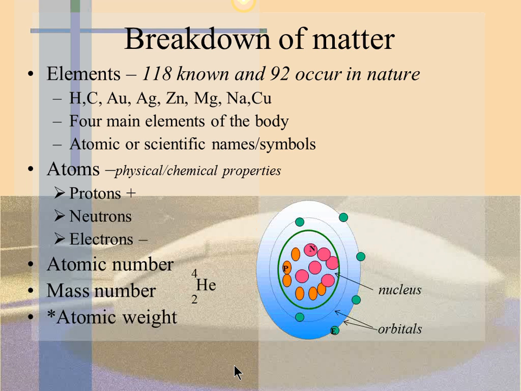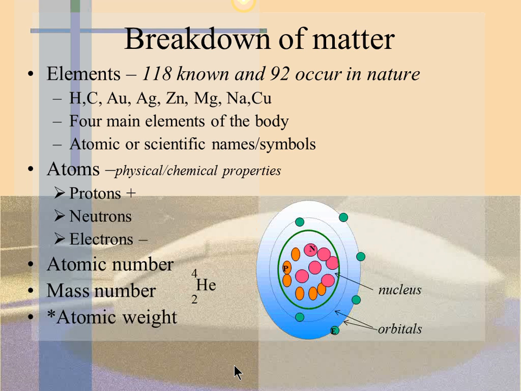Now let's look at how we break down matter into further subdivisions. Matter is broken down into elements, which are simple forms of matter, and there are about 118 of these. 92 occur in nature.